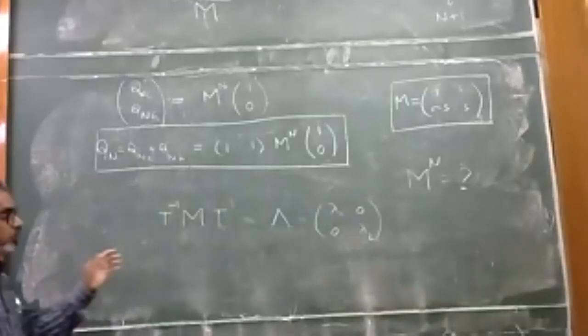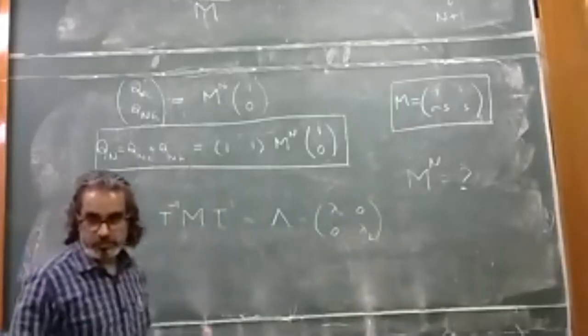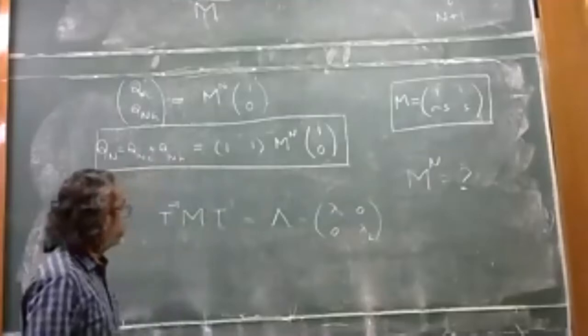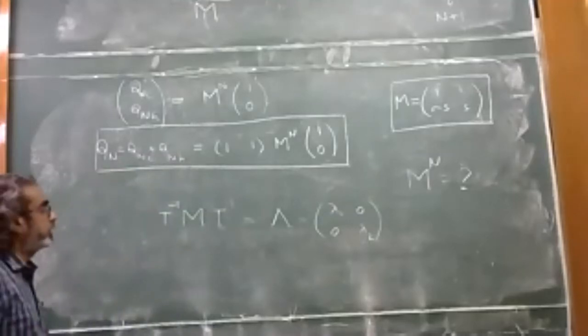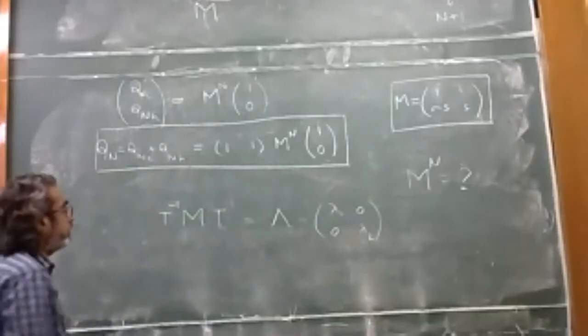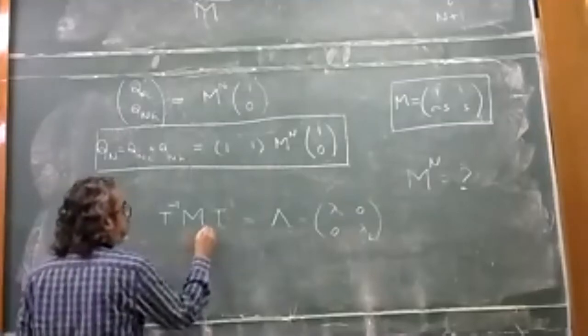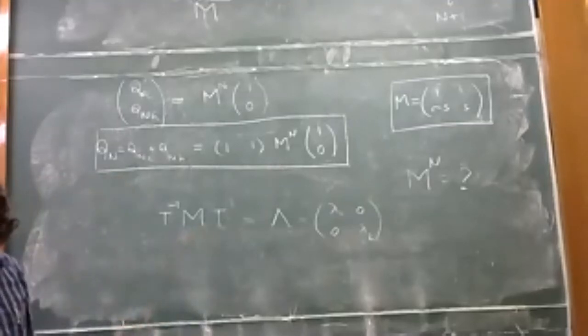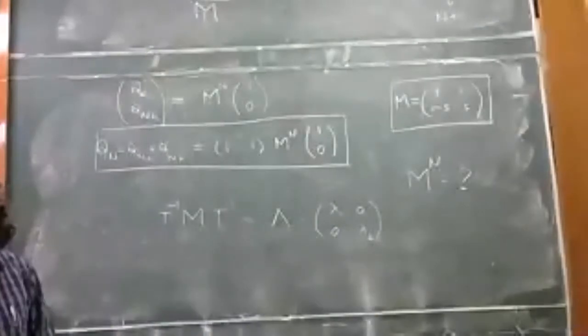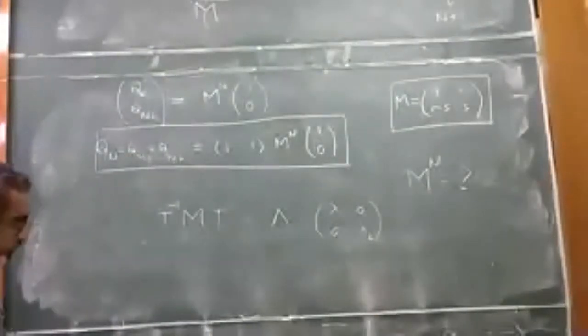I hope Ravi is going to teach you this matrix algebra, diagonalization, in mathematical methods. So here we have a matrix M. Yes, it's an eigenvalue problem. Basically you diagonalize that.